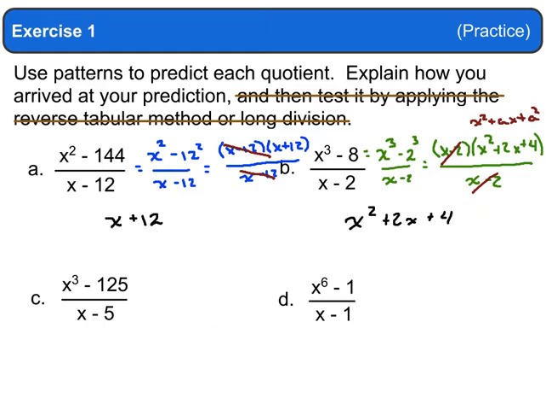So now let's try it again. We're going to have x to the third power minus 5 to the third power, and here we have x minus 5. That means if we were to factor this out, we would end up with an x minus 5, then an x squared plus 5x, and then plus 25, which is 5 squared.